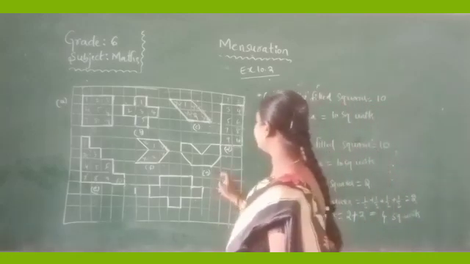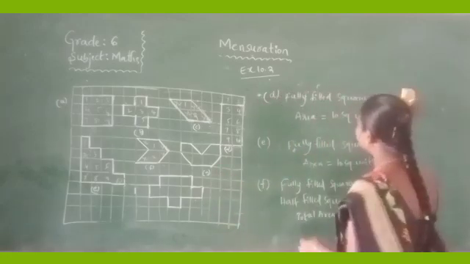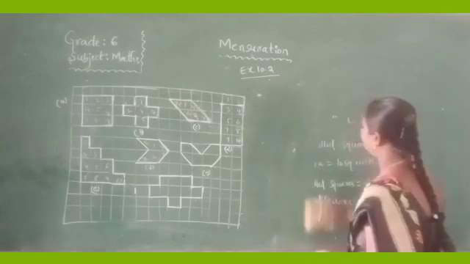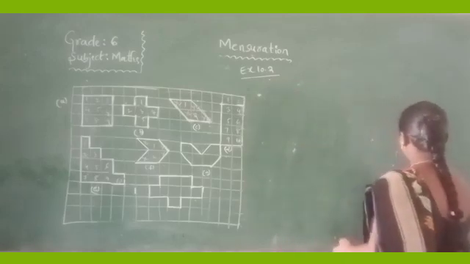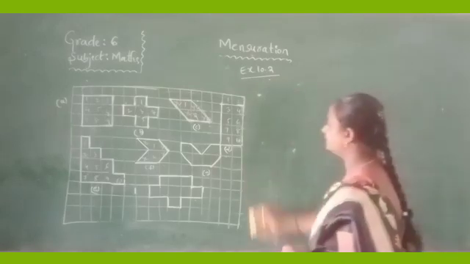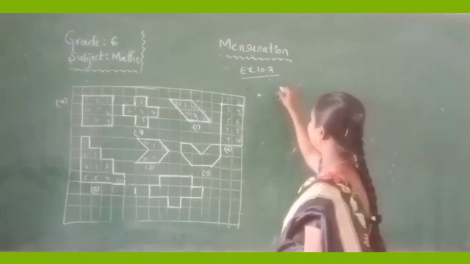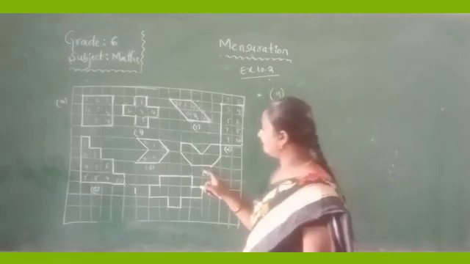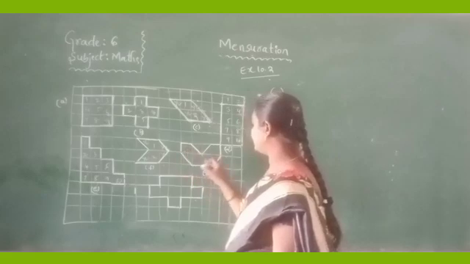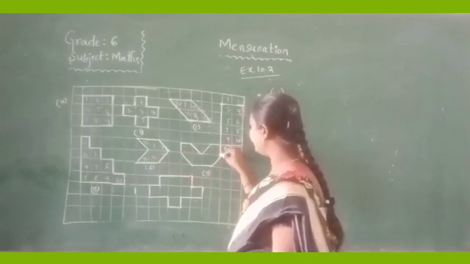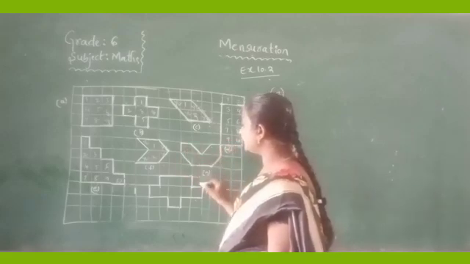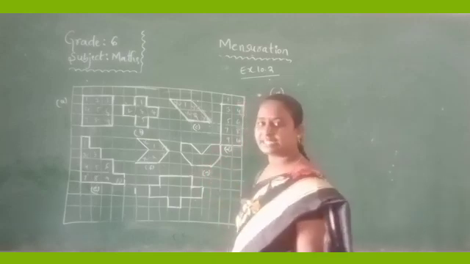Next, see the G figure. Draw the G figure. Here also full squares are there, half squares are there.